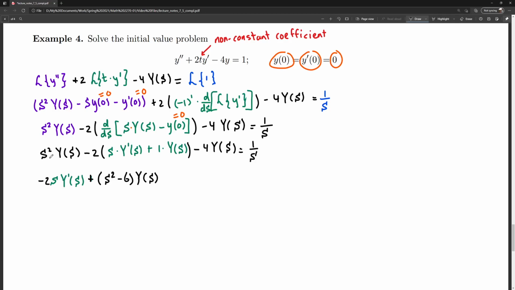So we have the s squared here, then the -2 and the -4 gives us a -6, and that is equal to 1 over s.